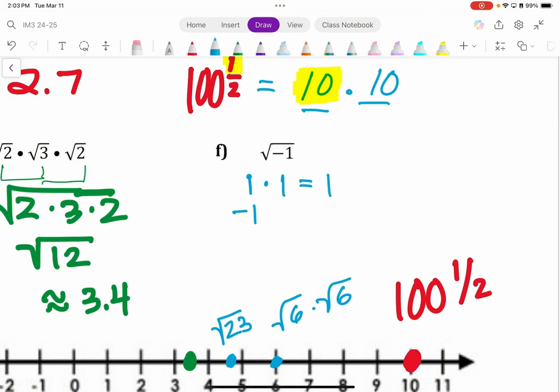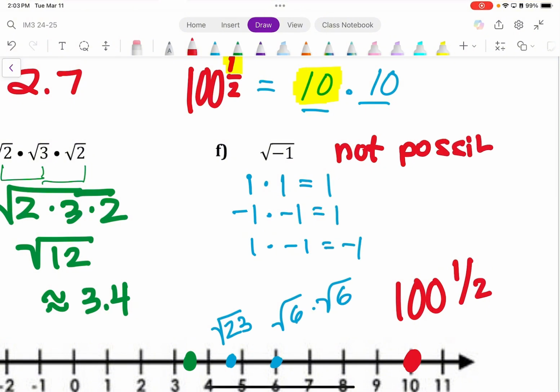If I tried negative 1 times negative 1, what would I get? 1. The only way I could get negative 1 is if I multiply a positive with a negative. But would that be the same number? No, that would no longer be the same number. So as it turns out, F is not possible. It is not possible to take the square root of a negative number.